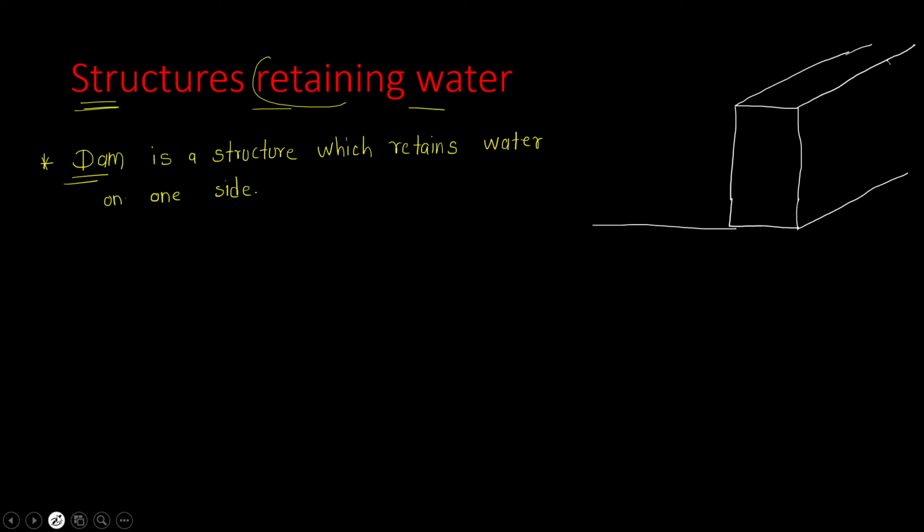And as we know, for what purpose is a dam used? A dam is used to store water. So this is the level of water, shown by this symbol. Now this water is spread across the length.